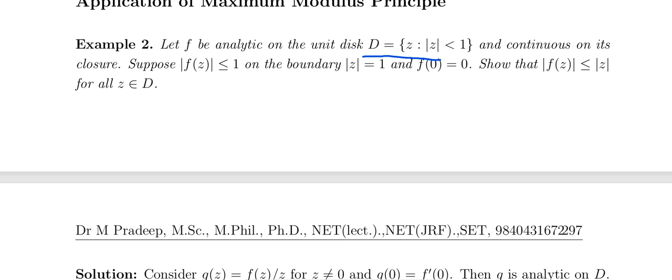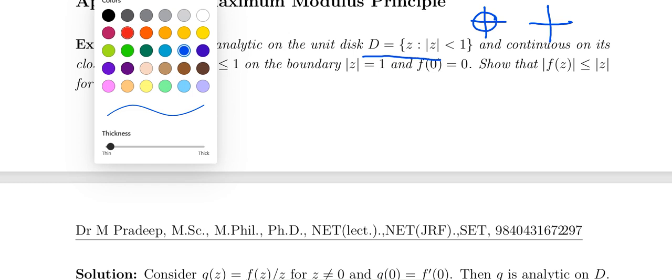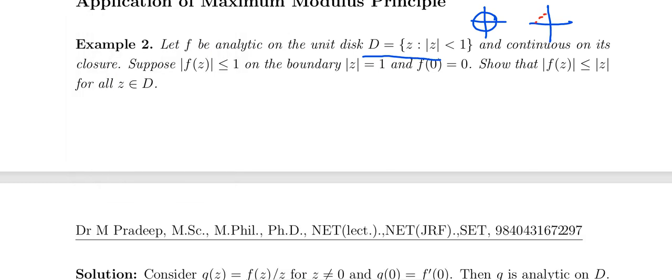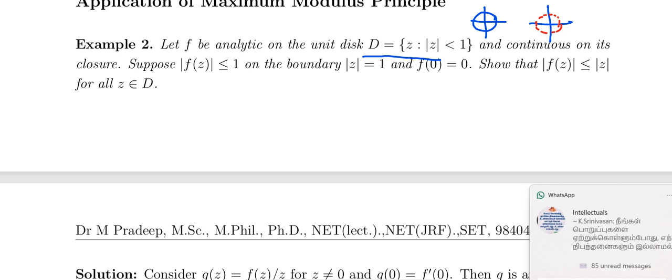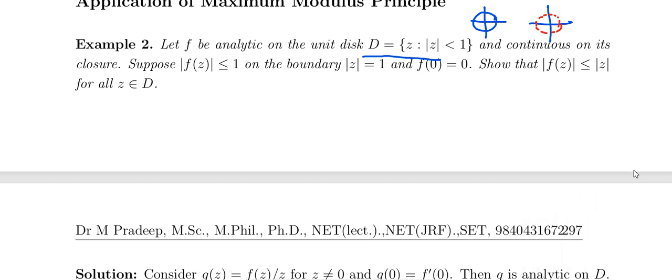Mod z less than 1 means only the region inside the unit circle, not the boundary. So this is the unit circle, and the collection of points inside the boundary is the disk. The function is analytic on the unit disk and continuous on its closure.